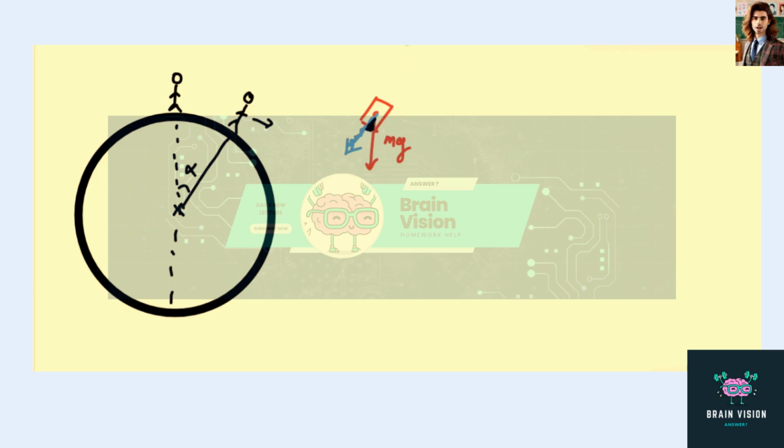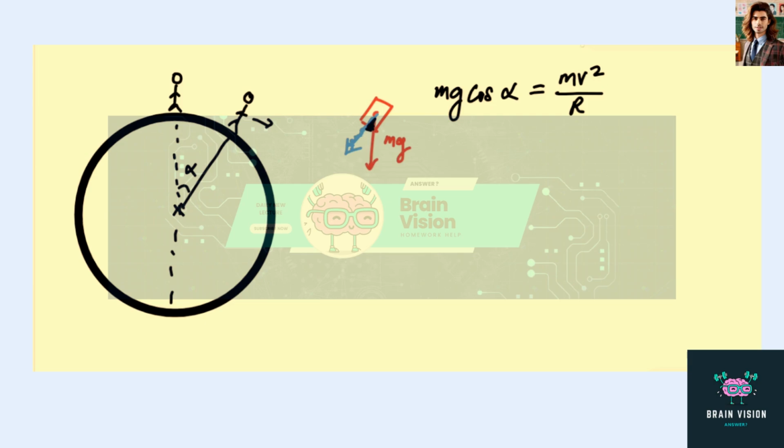Now at this point it is just exactly enough to contribute to the centripetal force. So mg cosine alpha must be equal to mv squared over r.